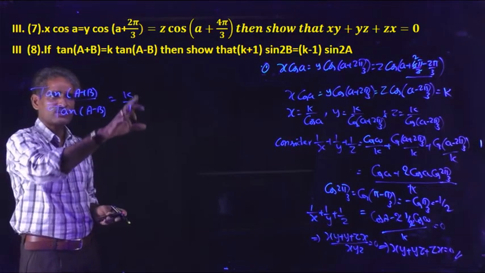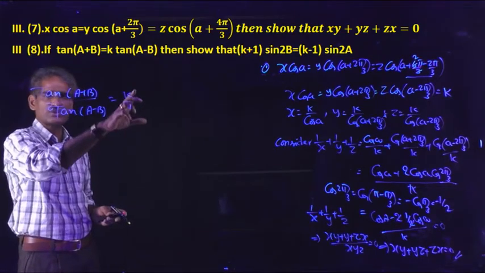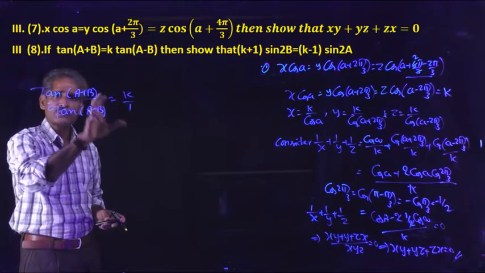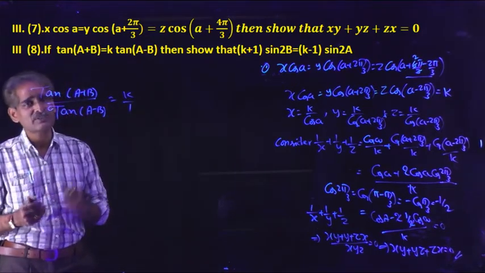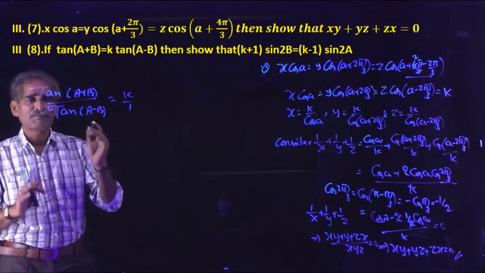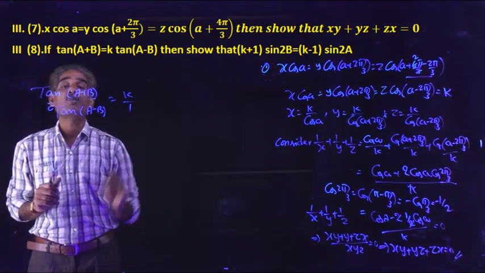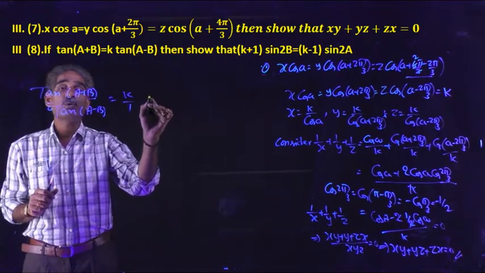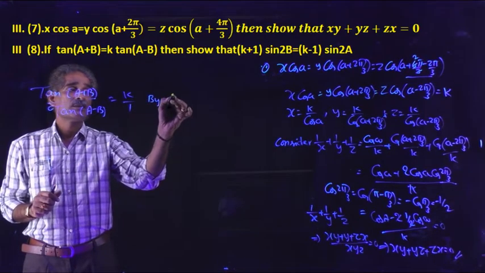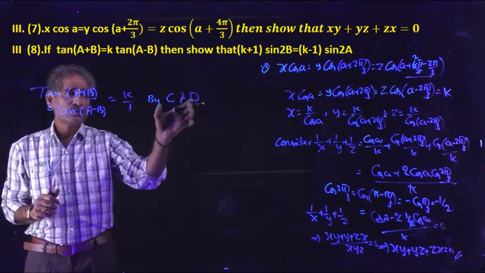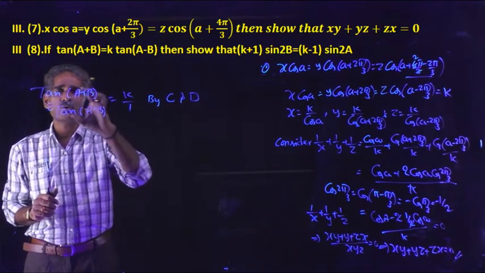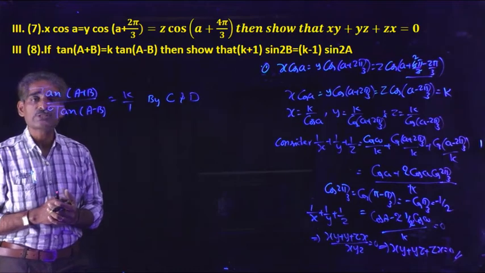So we have to find the relation between the addition of these two and the subtraction of these two. This is possible only from componendo and dividendo. By the direct method also we can do it, but that is a lengthy process. The best method is componendo and dividendo. Apply componendo and dividendo. But before applying it, we have to change these tan functions into sine and cos.